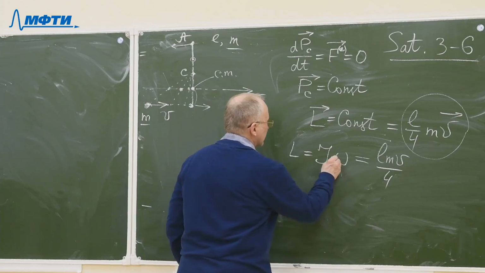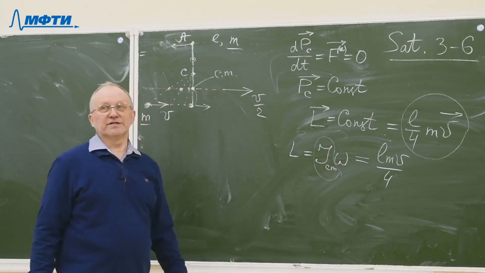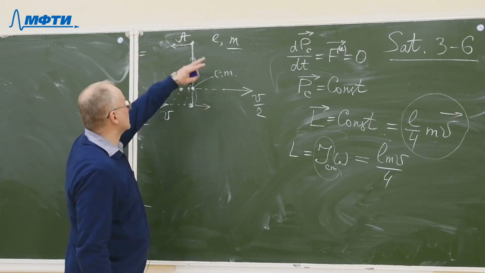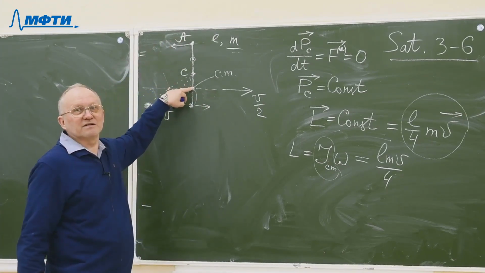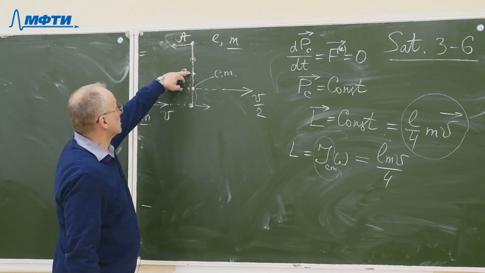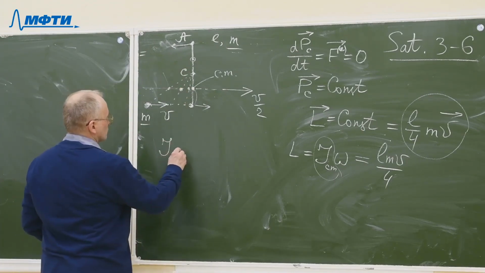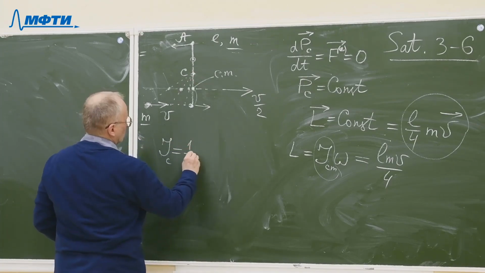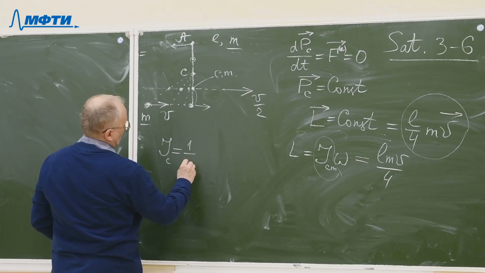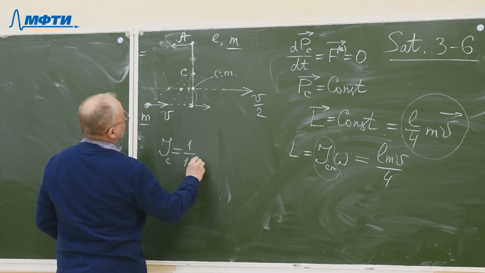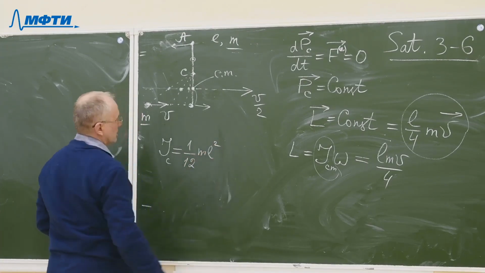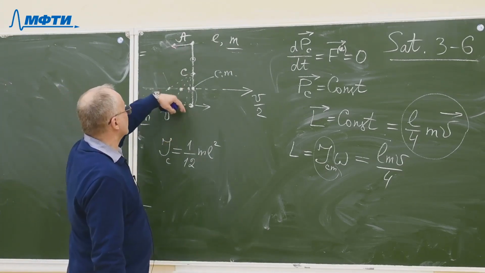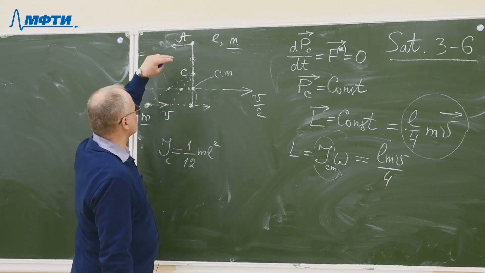What do we know here in this formula? Do we know the moment of inertia? Certainly, yes, we do. We can calculate the moment of inertia of the total system with respect to the center of mass. Can we do it? Yes, because we know the moment of inertia of the rod with respect to point C. That is 1 over 12 mL squared. We derived this formula, the moment of inertia of a uniform rod of length L and mass m with respect to its center.